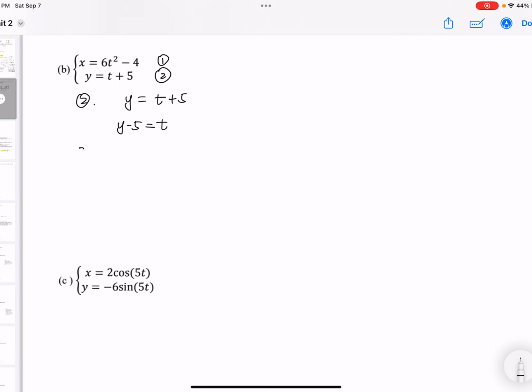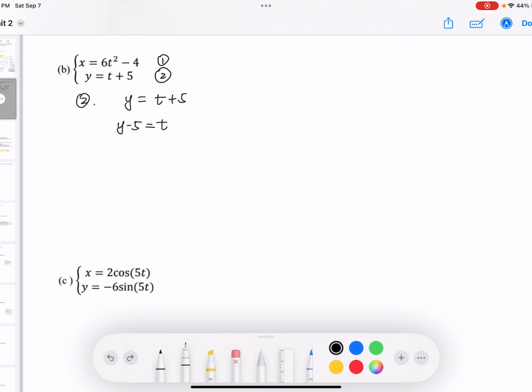t is isolated, and then we bring it to the first equation, x is equal to 6 times t. So t has been replaced by y minus 5, and we have this equation.